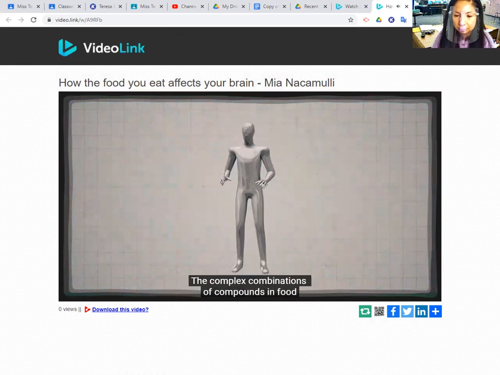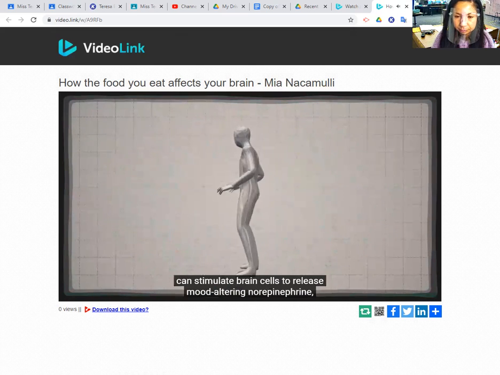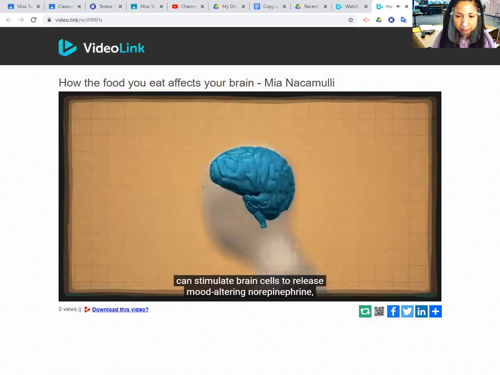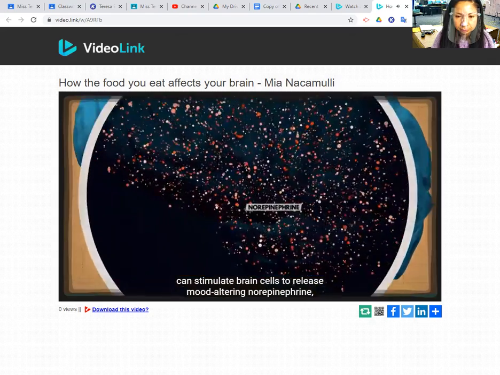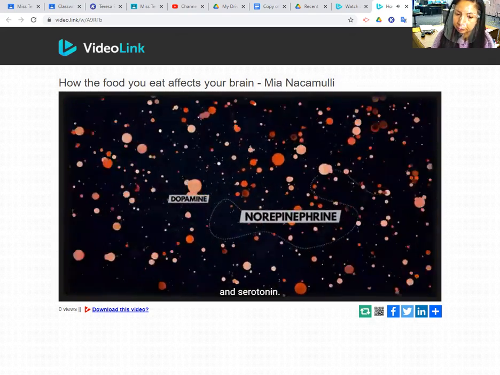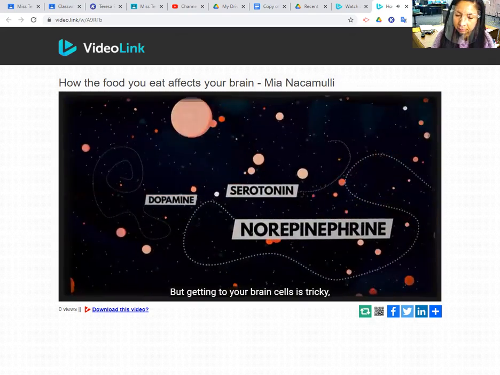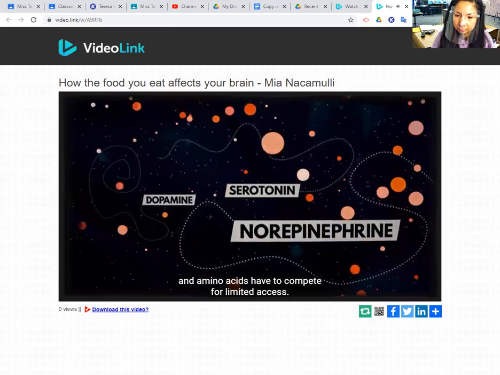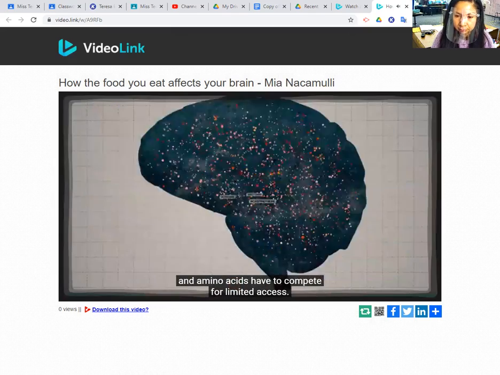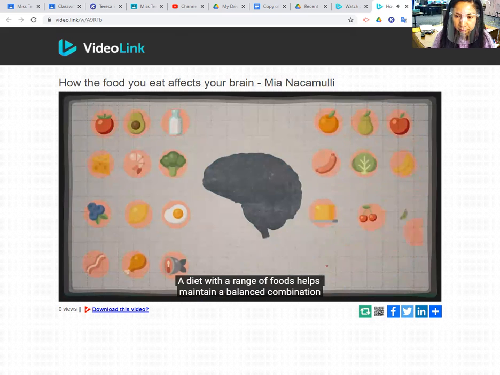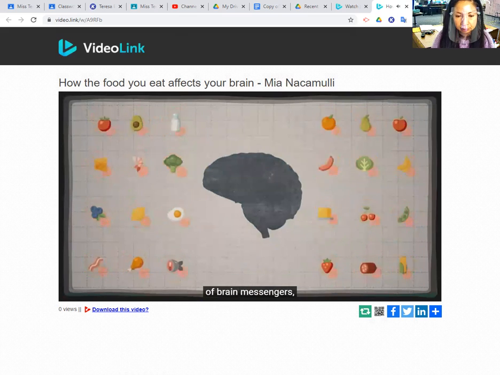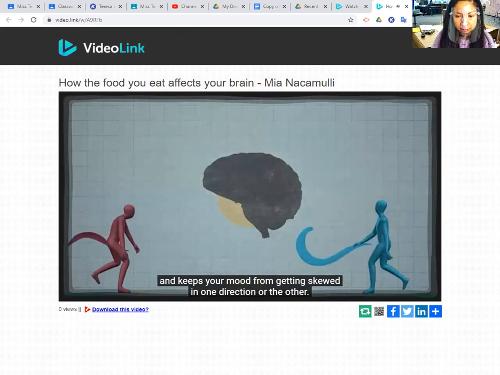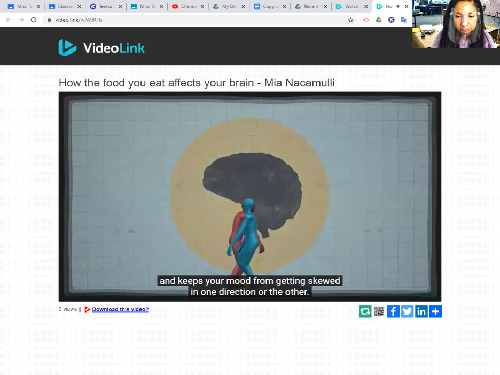The complex combinations of compounds in food can stimulate brain cells to release mood-altering norepinephrine, dopamine, and serotonin. But getting to your brain cells is tricky, and amino acids have to compete for limited access. A diet with a range of foods helps maintain a balanced combination of brain messengers and keeps your mood from getting skewed in one direction or the other.